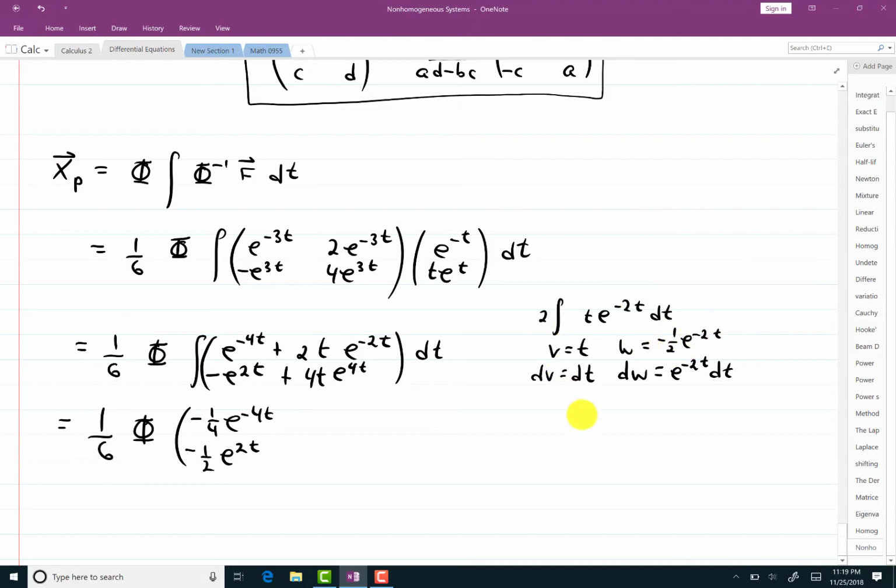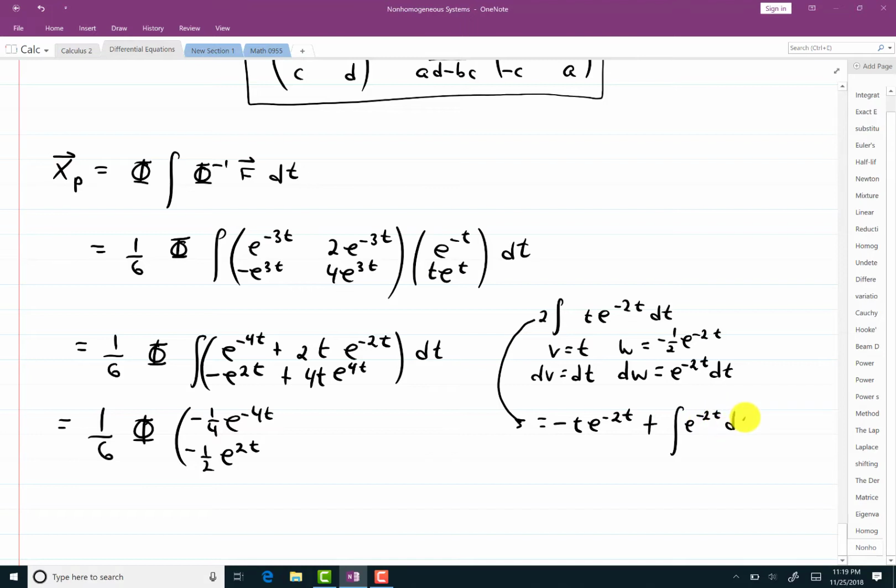So when you do this, then this integral, let's see, I'll have negative 1/2 t e to the negative 2t, but I got that 2 then. And then when you do the subtraction this way, you'll get a positive 1/2 e to the negative 2t, but there's a 2 in front of there.